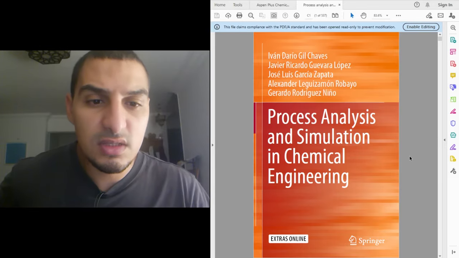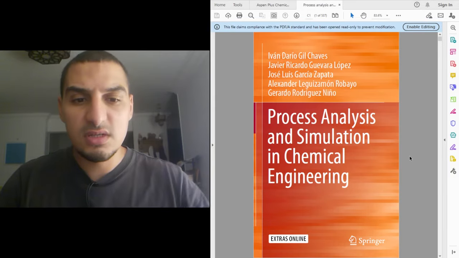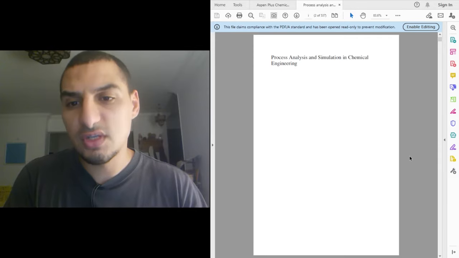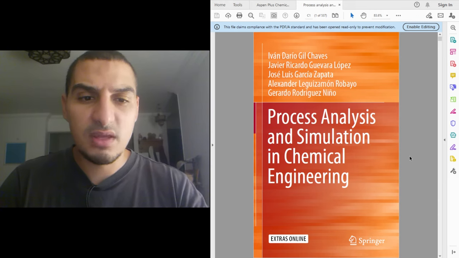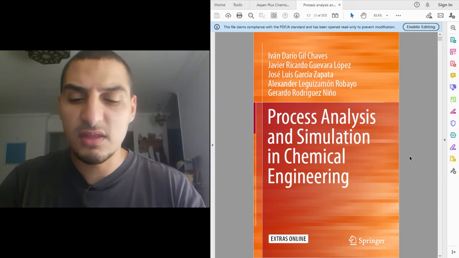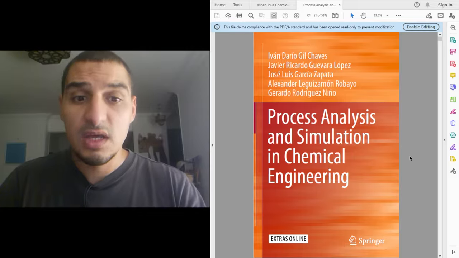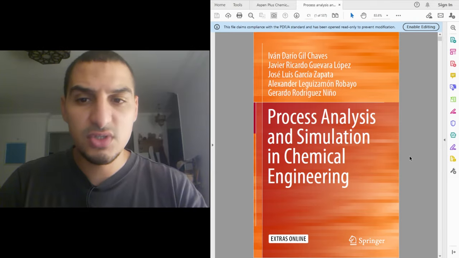The textbook is split into chapters. Each chapter is covering one of the topics of chemical engineering. So it's gonna be covering fluid mechanics, the piping systems, pumps, and stuff like that. It's gonna cover heat transfer, distillation, flashing, liquid extraction, and reaction engineering.